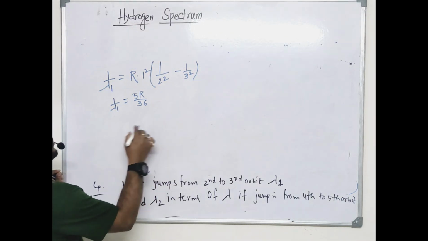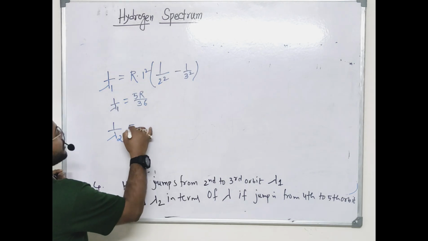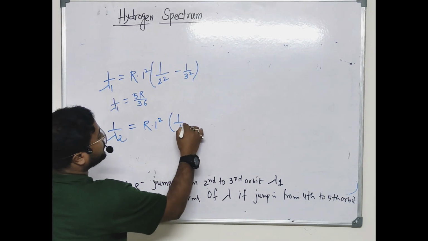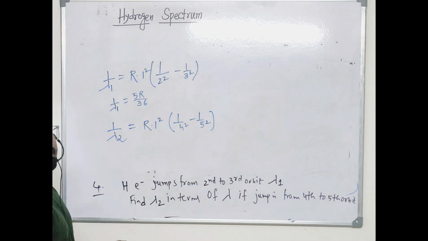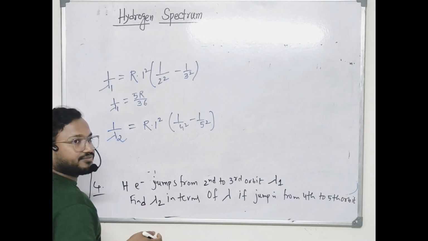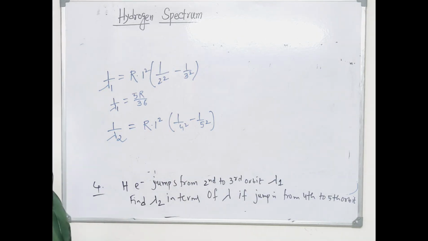So in that case the format is 1 by lambda 2 equal to R into Z square into 1 by 4 square minus 1 by 5 square. So 4 square and 5 square are 16 and 25. Take the LCM for that. So 25 minus 16, we get 9.